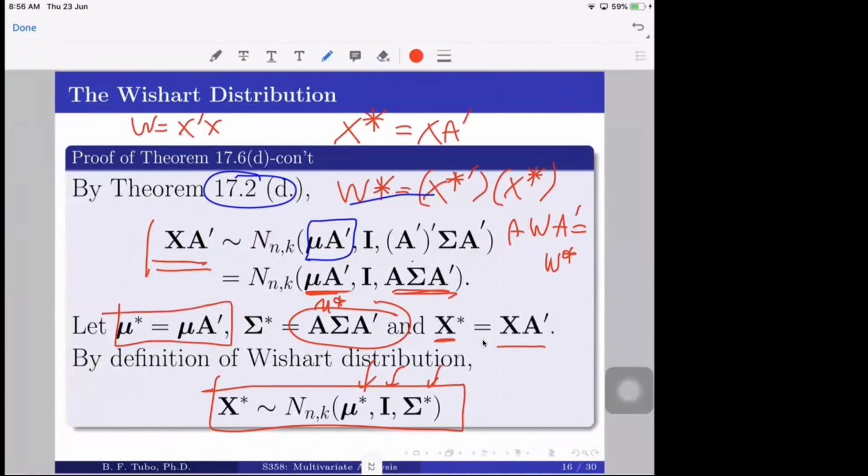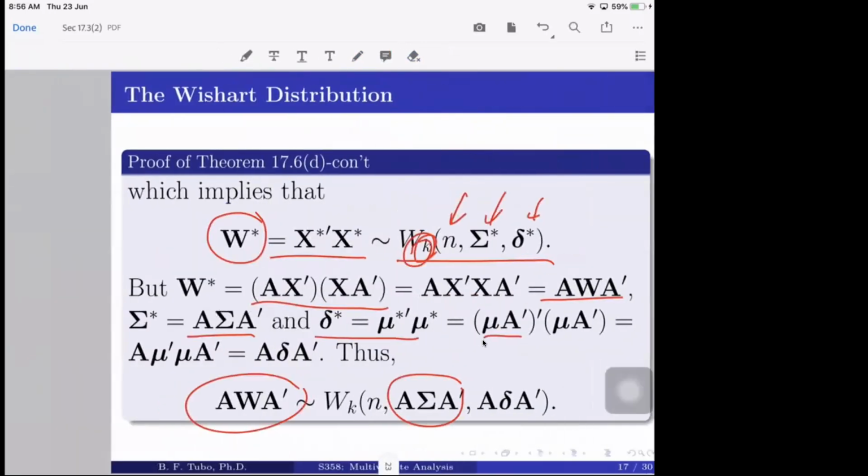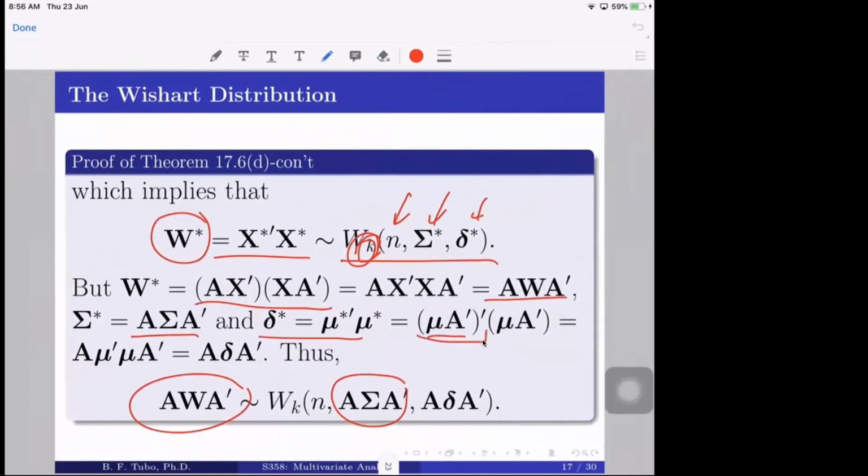So you get mu star prime mu star, and then you will have A delta A prime.